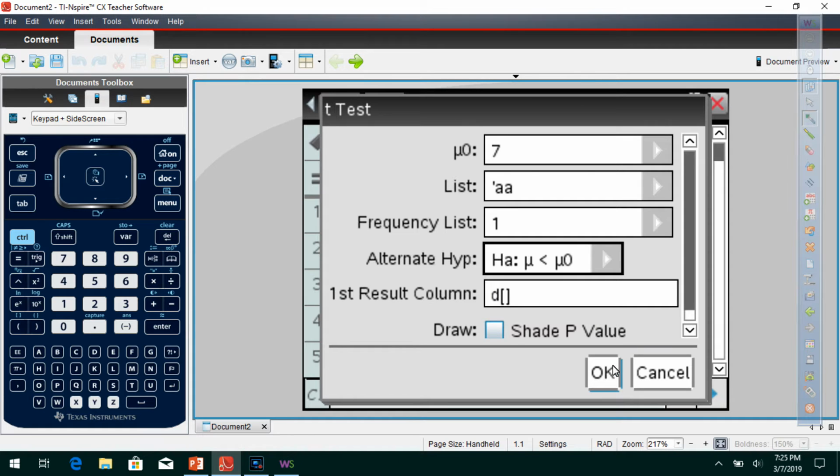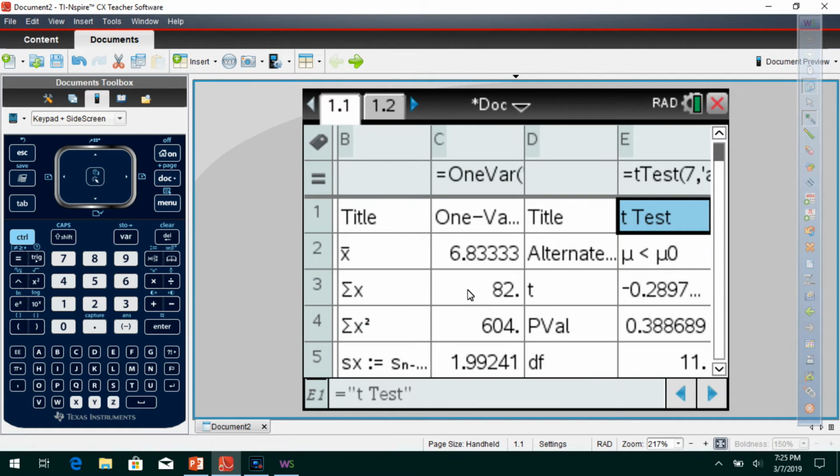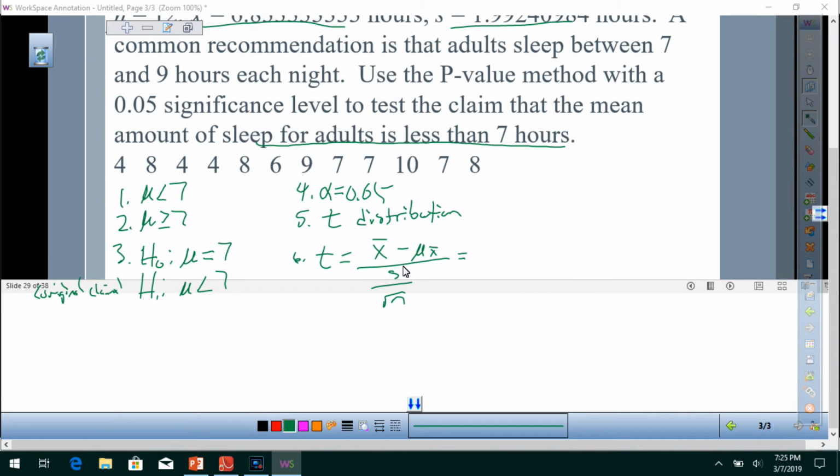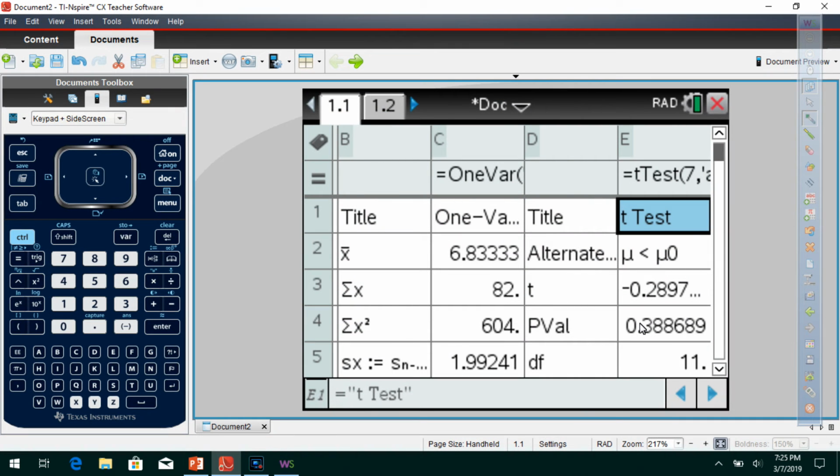We'll just put it in, and then click enter. Aha, p-value is 0.388689. So we'll put that over here. P-value is 0.3886, and it just keeps going, but that's enough.